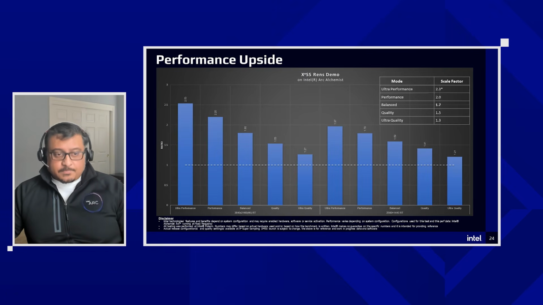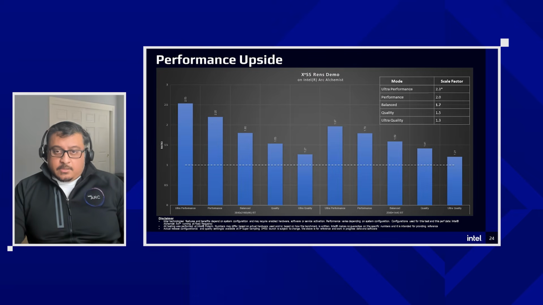So this is the performance upside you can see for the whole demo for those frames. Doing XeSS, you can see anywhere from 2.5x to 20% benefit, depending on the quality level, depending on how much reduction you're doing on the input resolution. Okay, so that's the performance upside.